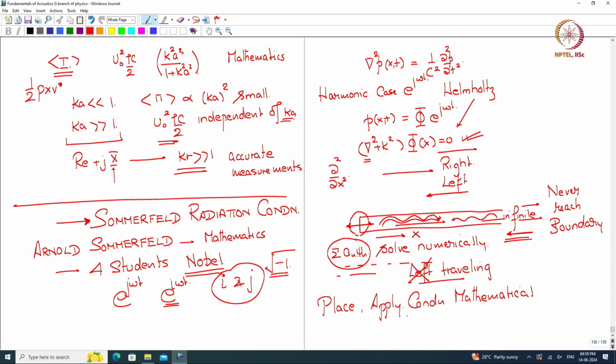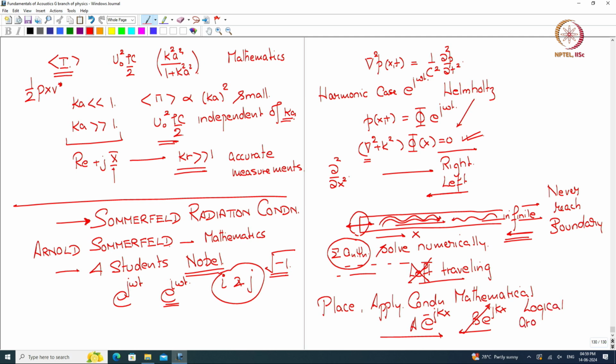In our simple problems which were analytically done, we have an A e to the power of minus jkx, which is a right traveling wave, and there is a B e to the power jkx, which is a left traveling wave. Then we looked at the system, we said there is an infinite duct and therefore I do not expect a B to be there. So I set B to 0 by logical arguments.